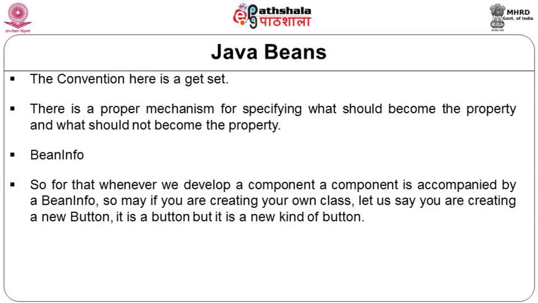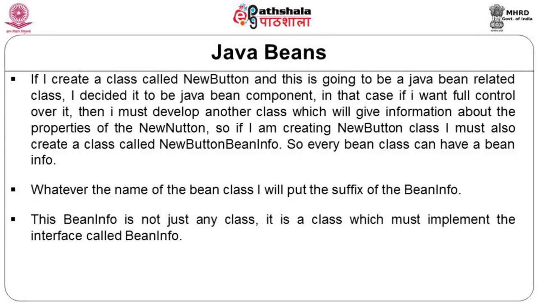Okay. So, if I create a new button, how do I go about it? If I create a class called new button, and this is going to be a Java Beans class, a Java Bean component, and I want full control over it, then I must develop another class which will give information about the properties of the new button.